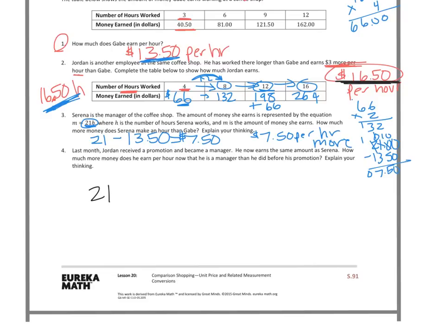So he's now making 21. He was making $16.50. What's that difference to tell us how much more? So I'm going to do the same thing I just did. I'm going to subtract out. So I'll take 21, and I'm going to subtract $16.50, and this is going to tell me how much his pay was raised.